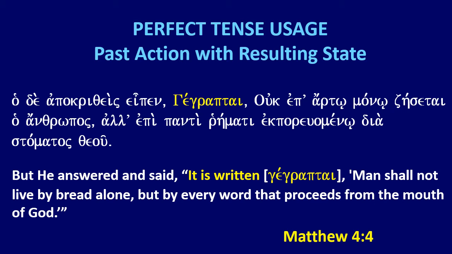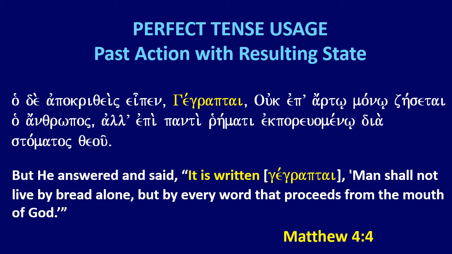But the emphasis is on the resulting state in the present. So it could be understood this way, that it stands written. And hence it's translated with the present tense emphasis in most translations, "It is written." But again, it involves a past action that is complete, hence the aspect for the past action would be perfective.